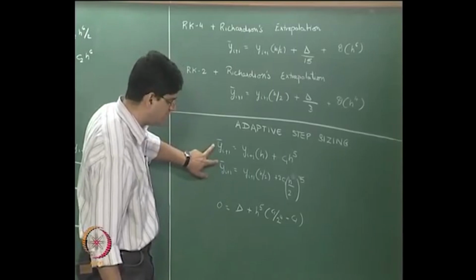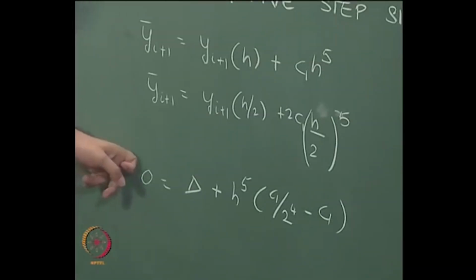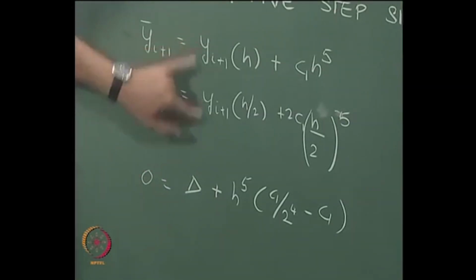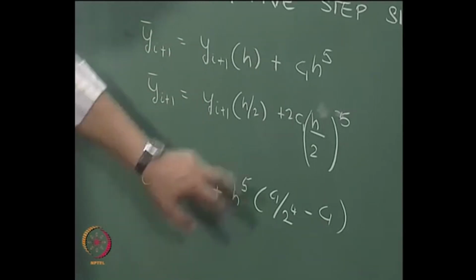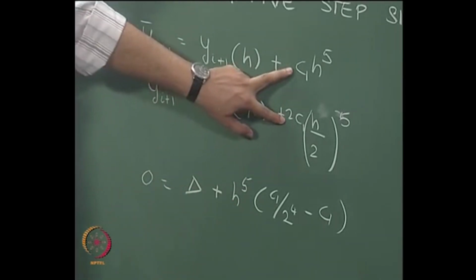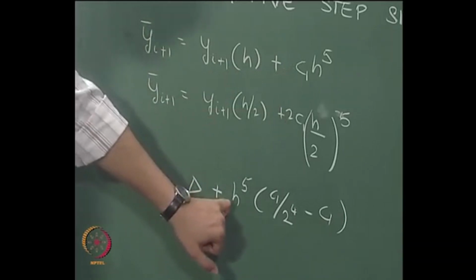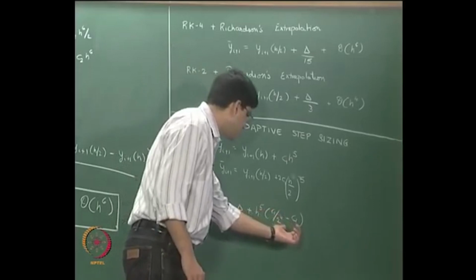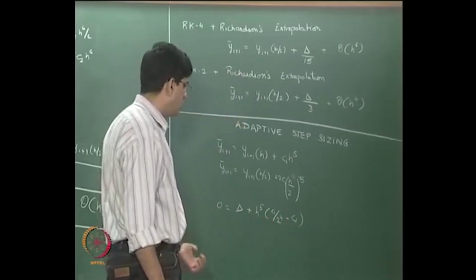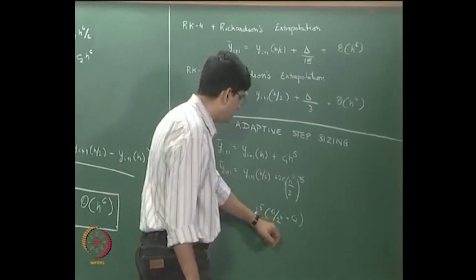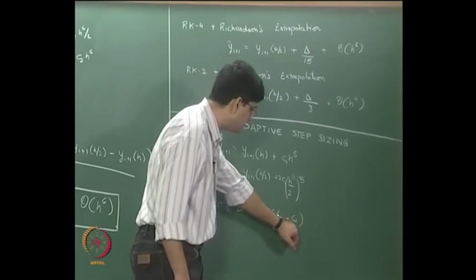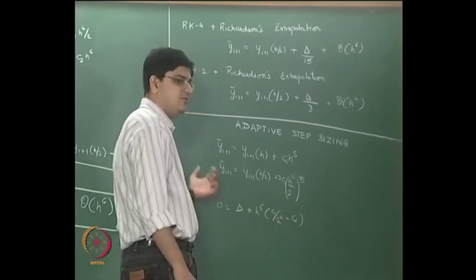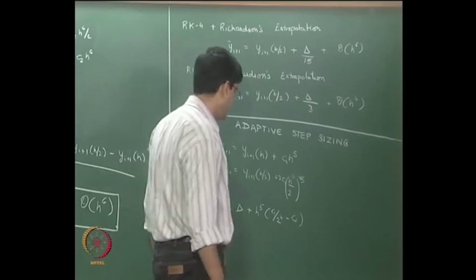These two are the true values and therefore the difference is going to be 0. The difference between these two values is going to be equal to delta, and the difference between these two values is going to be some constant multiplied by h to the power 5. Okay, so we take this particular term to the other side: 1 by 16 minus 1 becomes 1 minus 1 by 16, or 15 by 16.